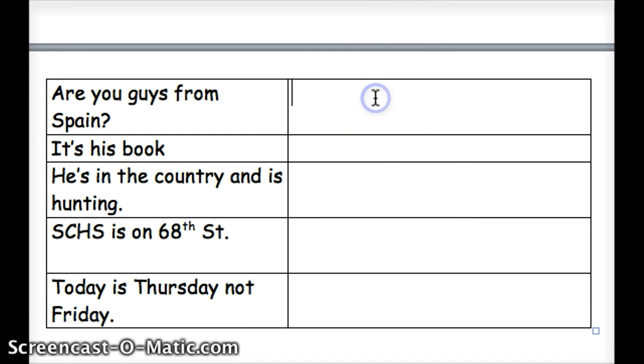Are you guys from Spain? Being from Spain is not a location because you're not saying, are you guys in Spain? And it's not emotion and it's not physical condition. So it's got to be a form of ser. You're talking about somebody's identity, specifically their nationality.